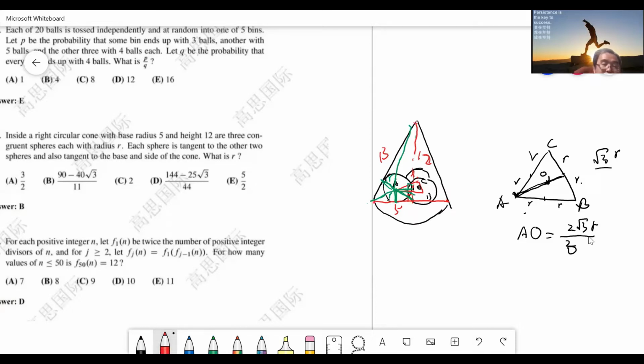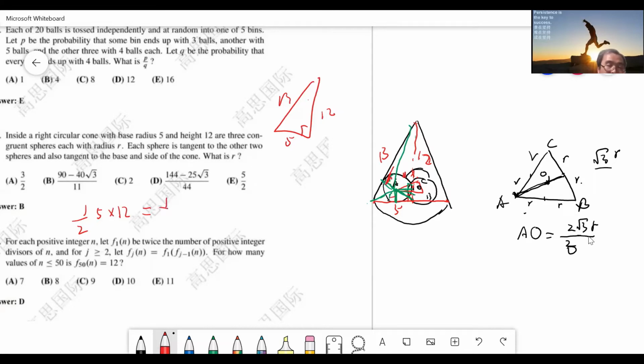Now we write the area. This right triangle has sides 5, 12, and 13. The area is half of 5 times 12, which also equals the three triangles added together.